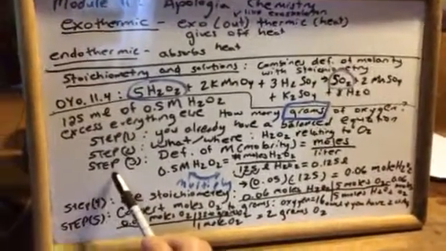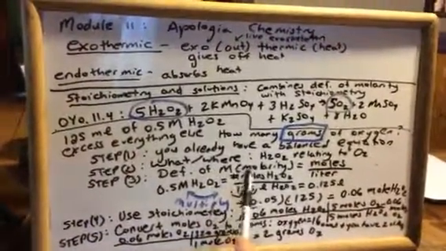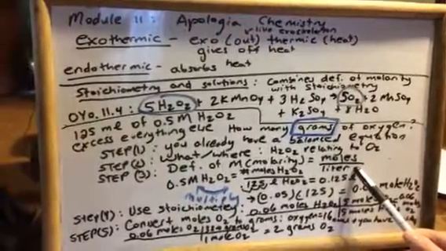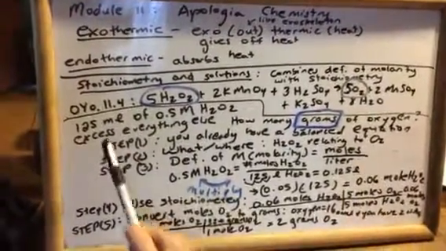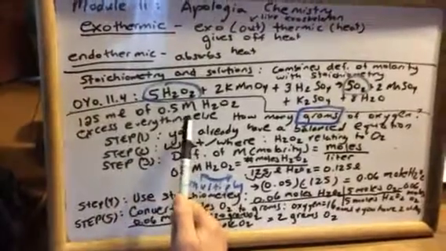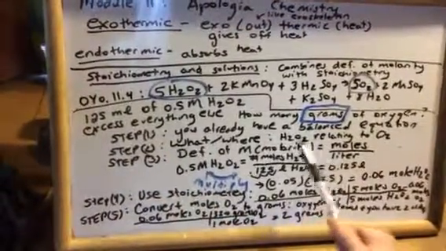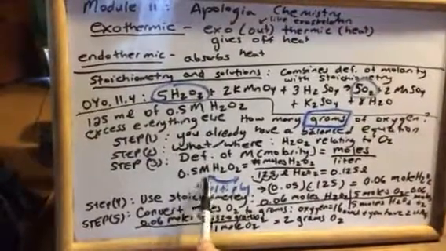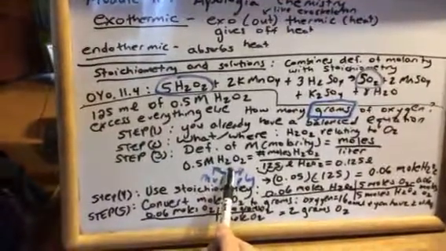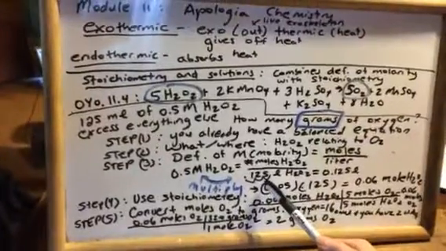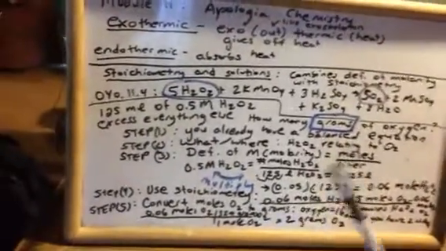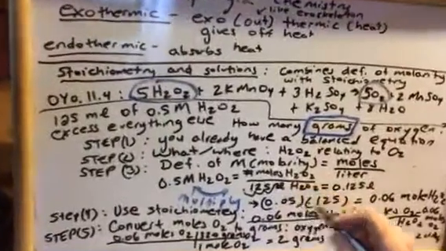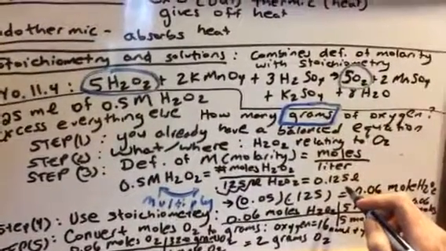The third step is you're going to look at your definition of molarity. Molarity is the number of moles per liter. In this situation, you're given a volume and you're given a molarity, so can we find the moles? Yes. We have a molarity of 0.5 molar H2O2 and a volume of 125 milliliters, but we had to convert that to liters, so it's 0.125 liters.